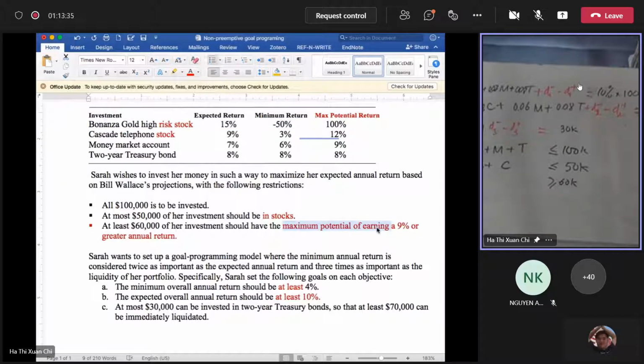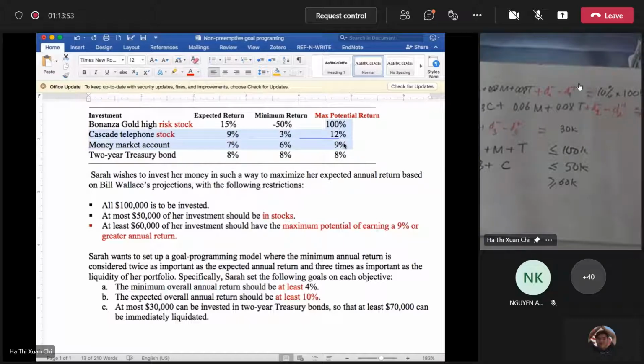Maximum potential earning, that is the minimum potential return, 9% or greater annual return. So here that is greater than 9%. Right? So it means we have B, C, and N.